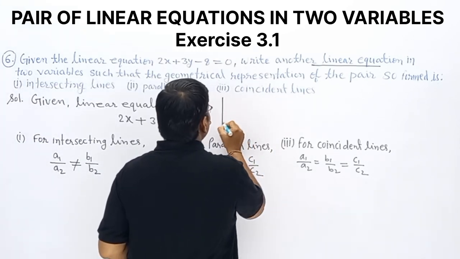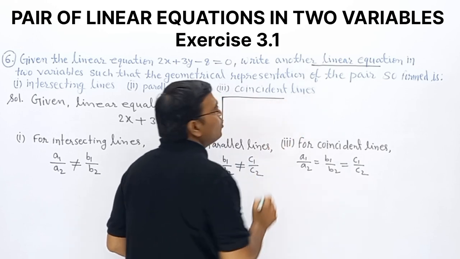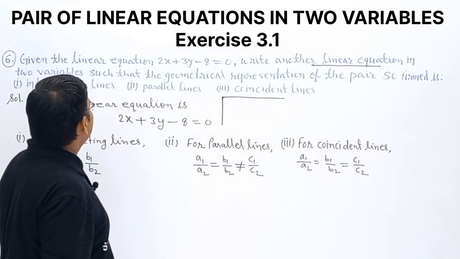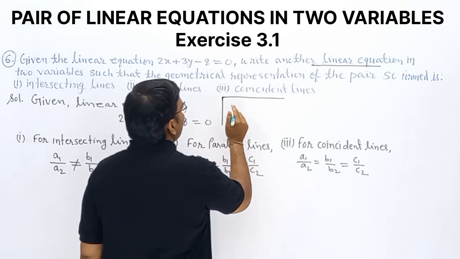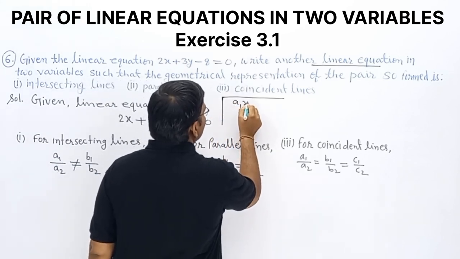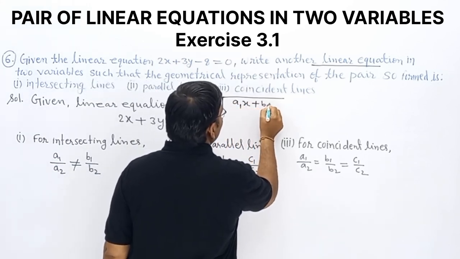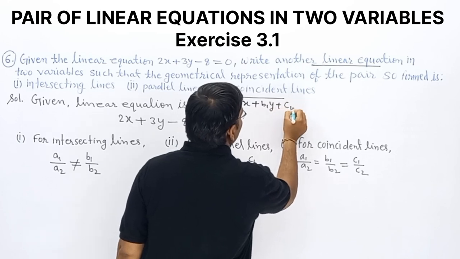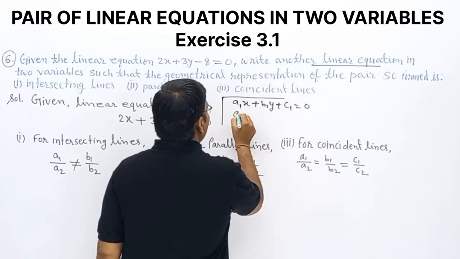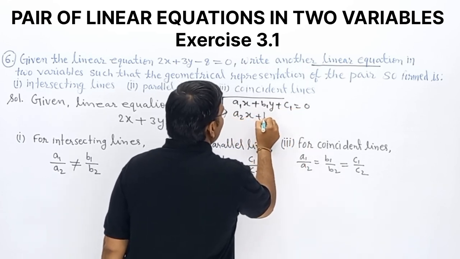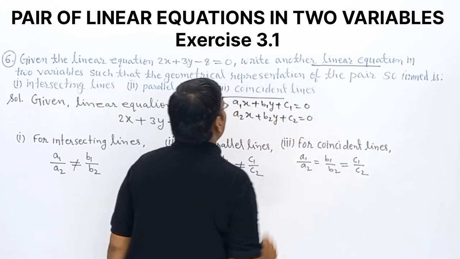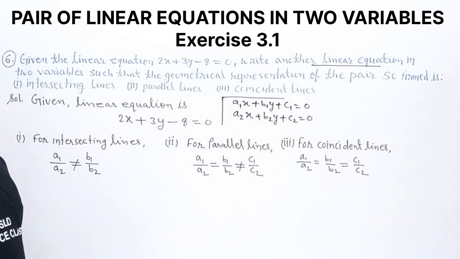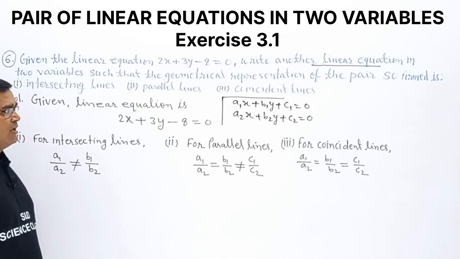The general form of two linear equations in two variables: a1x plus b1y plus c1 equal to 0, a2x plus b2y plus c2 equal to 0. These are two linear equations.